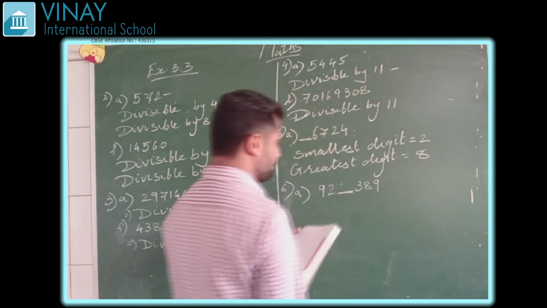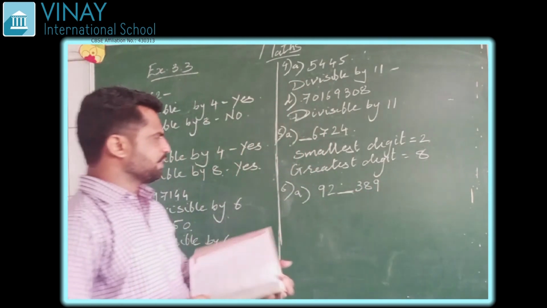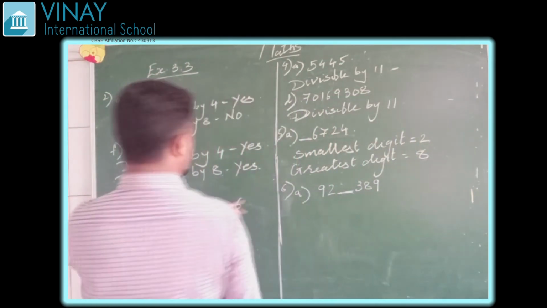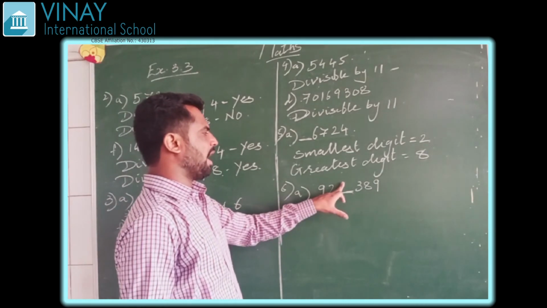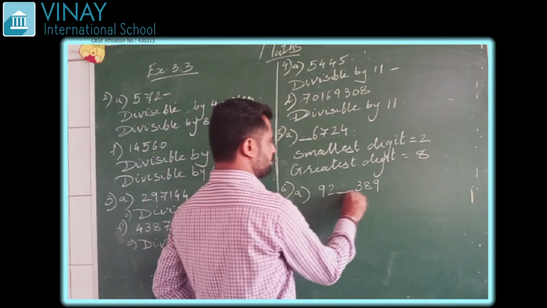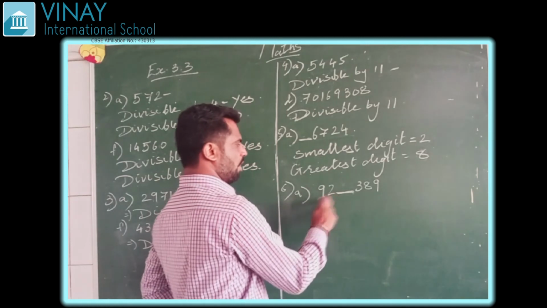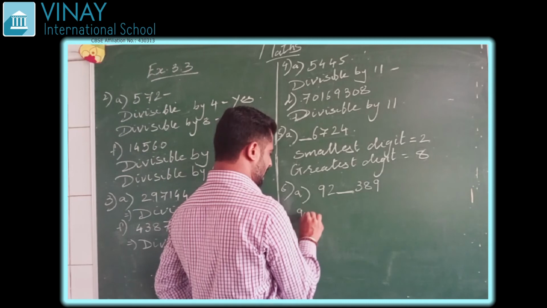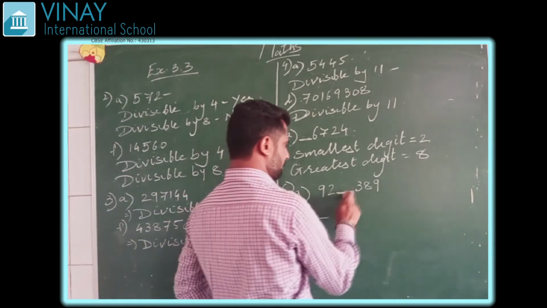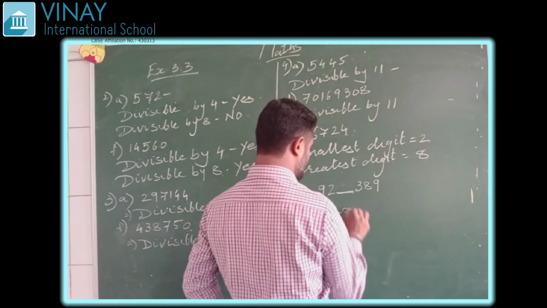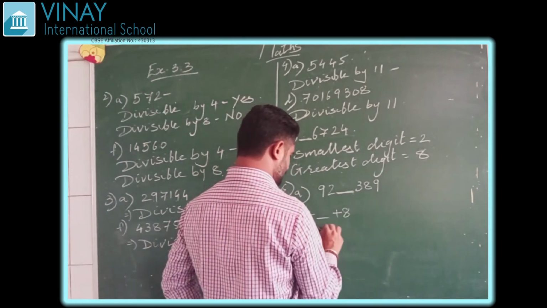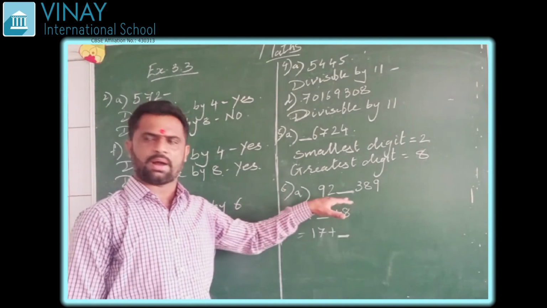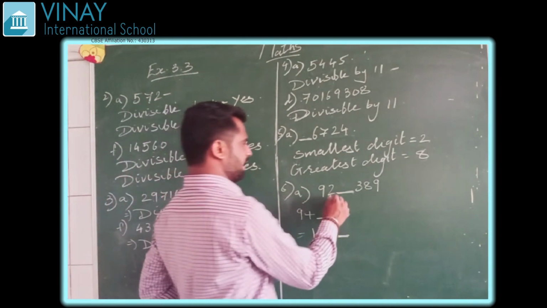Here in the blank space we need to write one digit so that this number is divisible by 11. First we need to find out the sum of odd place, that is 9 plus this blank plus 8, that will be 17 plus this blank. Blank will remain as it is because we need to find out which digit we need to write here.